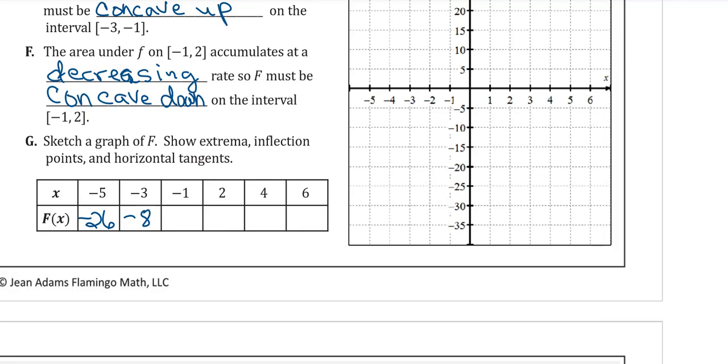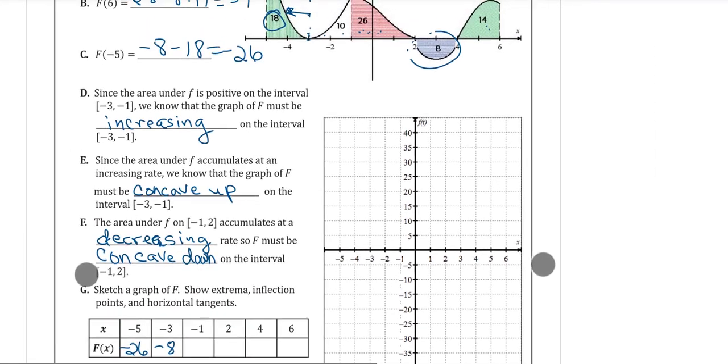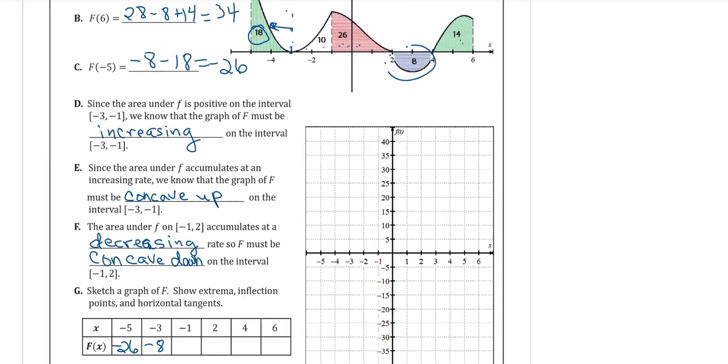Negative 1, we didn't figure that out, but we can see from our graph above that, let me just make this smaller so we can see the graph and the table. At negative 1, we are going to be taking our initial value here at negative 3, and then we're going to add to that the 10.